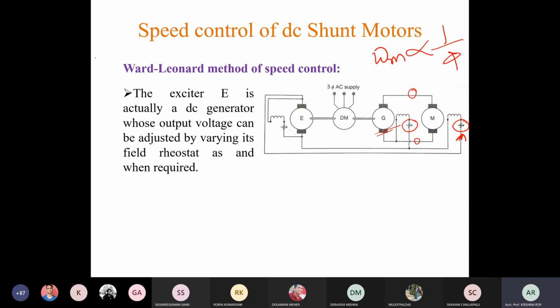Initially a fixed voltage is applied across the field winding of both this generator as well as this motor. Then we can control the generated voltage of this generator using this rheostat, or we can control the field current of this motor by controlling this rheostat.